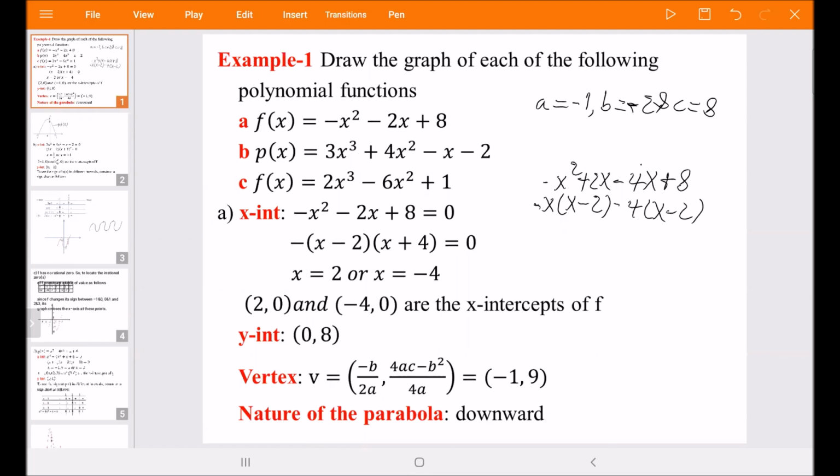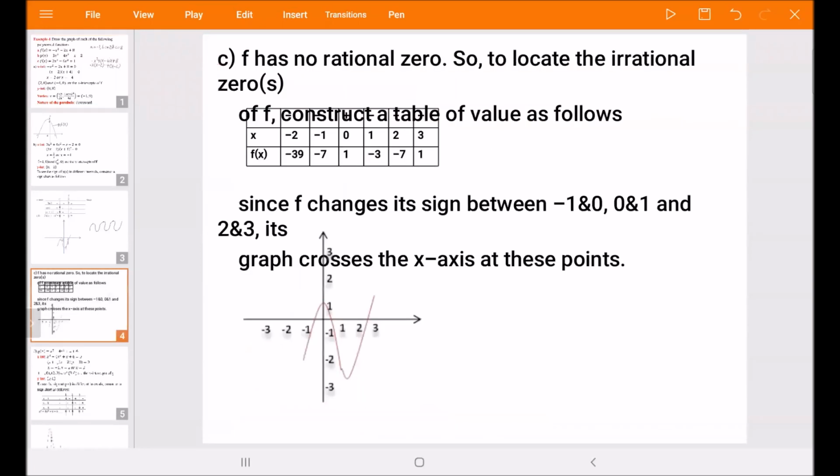So to apply this theorem, let us prepare a table of values for this polynomial. F of x is equal to 2x cubed minus 6x squared plus 1.